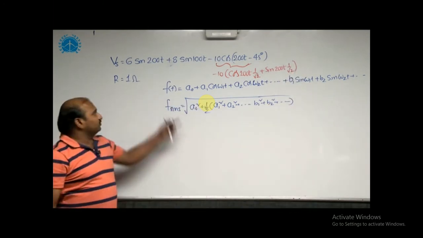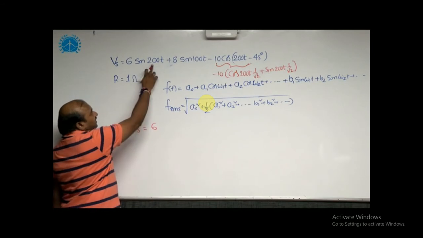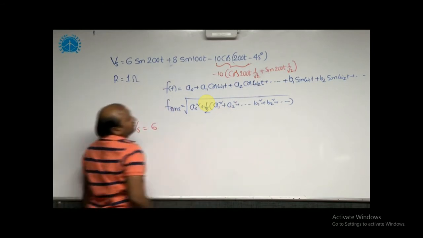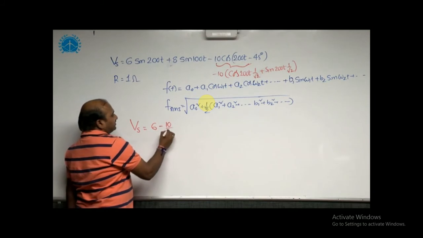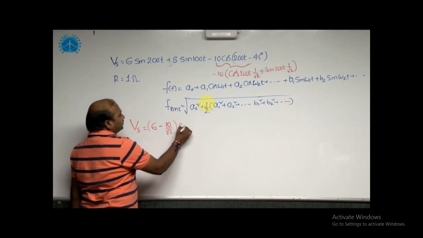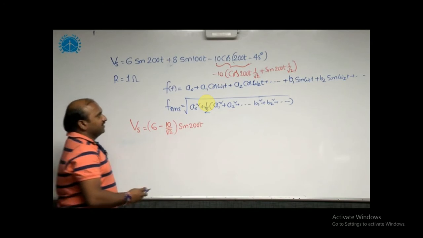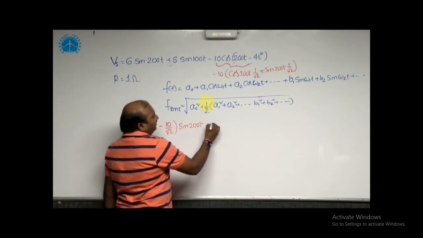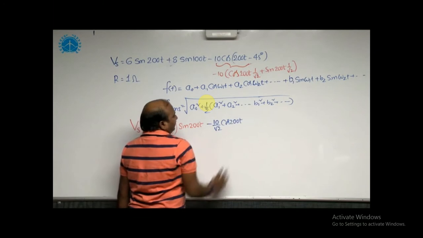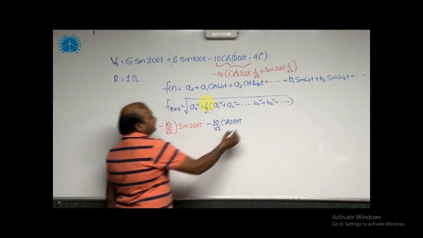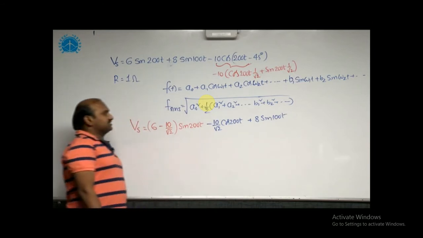The resultant voltage Vs we are getting is 6 sin 200t, here we have 10 by root 2, so 6 minus 10 by root 2 into sin 200t. This is the first term for 200 radians per second, and minus 10 by root 2 cos 200t. This is the cosine term, and one more sine term we have with 100 radians per second.